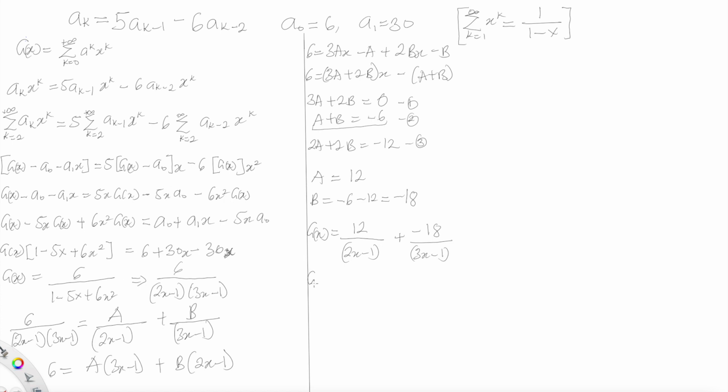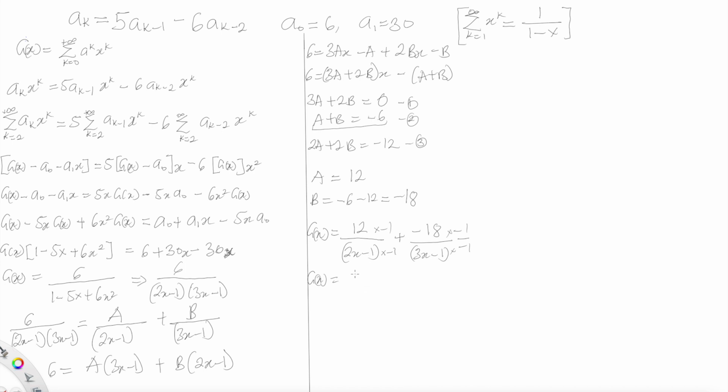So g of x should give, since this becomes minus, it's just right to take it to the other side. So multiplying this by minus 1 over minus 1, which doesn't change anything, but we just want it to look like this form.